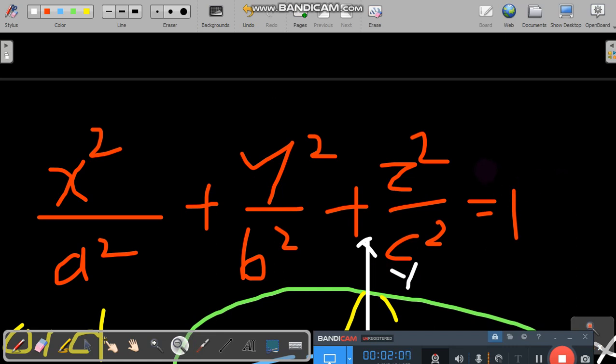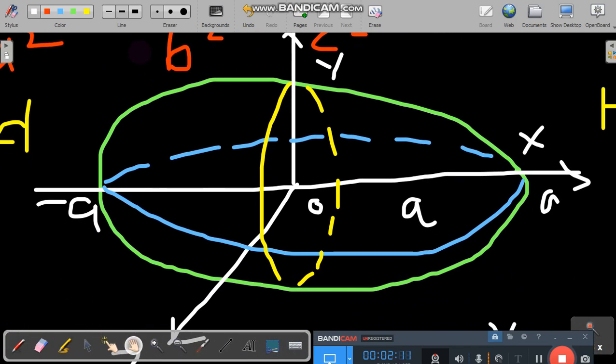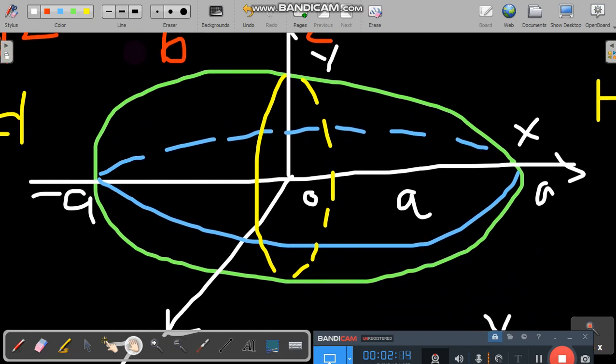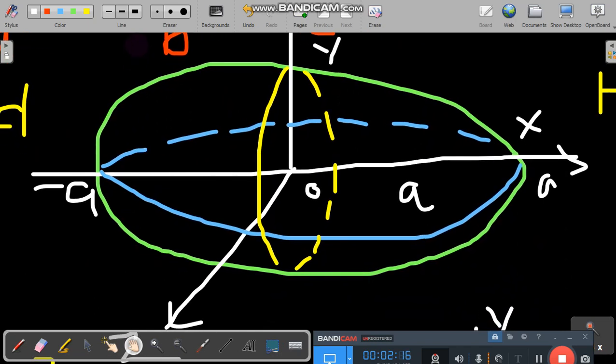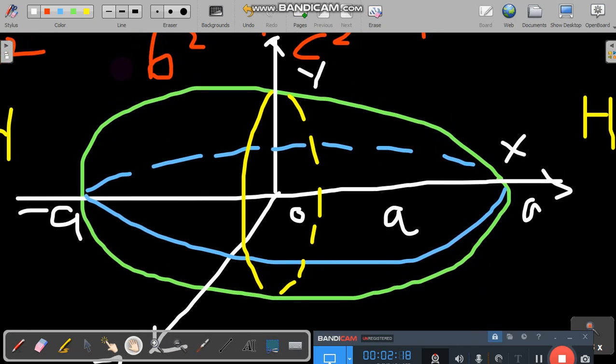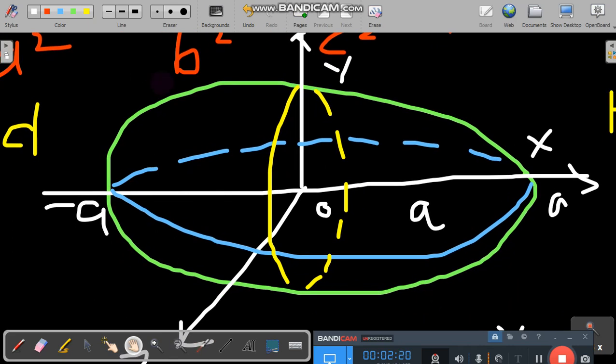Okay, so what does the picture look like? Now look at this. This is the picture of an ellipsoid, where O is the origin.